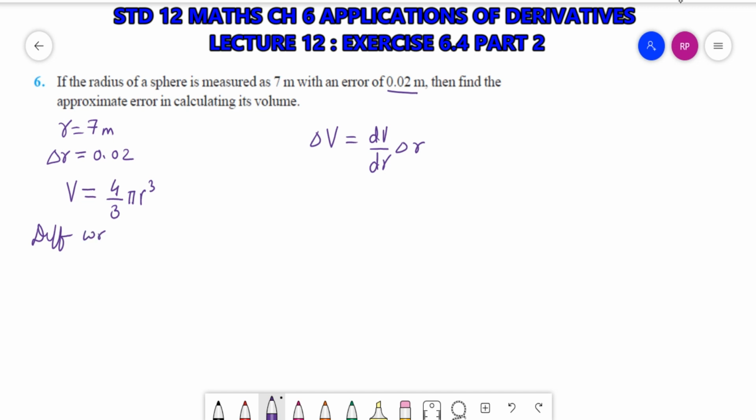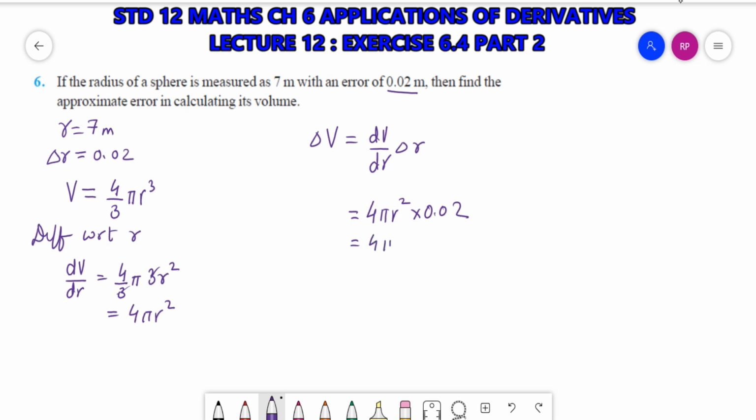So differentiating with respect to r, dv by dr is equal to 4 by 3 pi, derivative of r cube, that is 3r square. 3 3 gets cancelled, so this is 4 pi r square. Putting this in the formula, delta v equal to dv by dr into delta r, that is 4 pi r square into delta r 0.02.